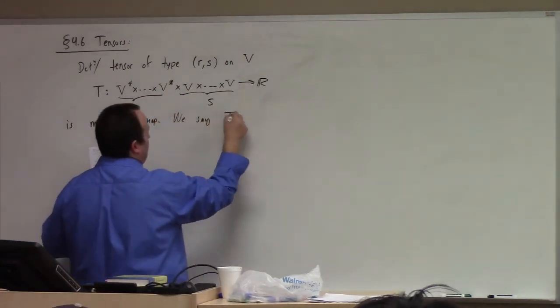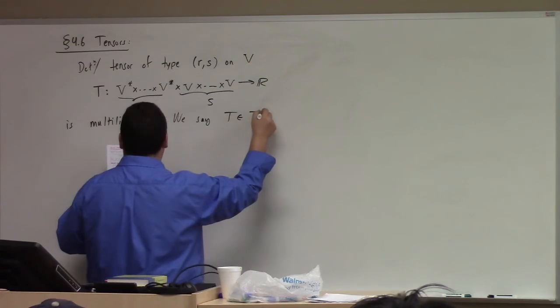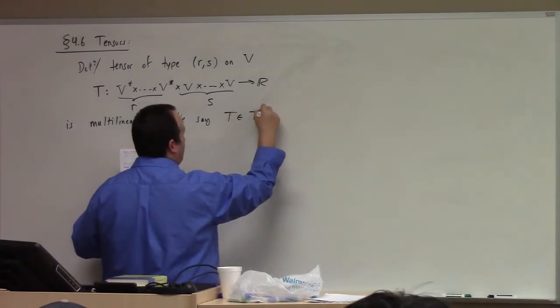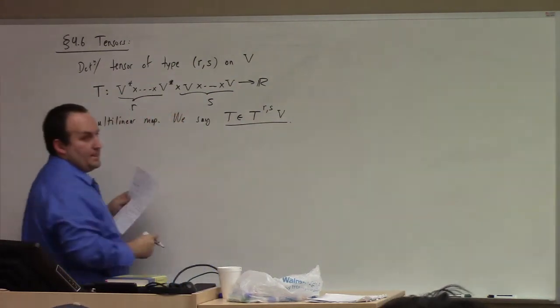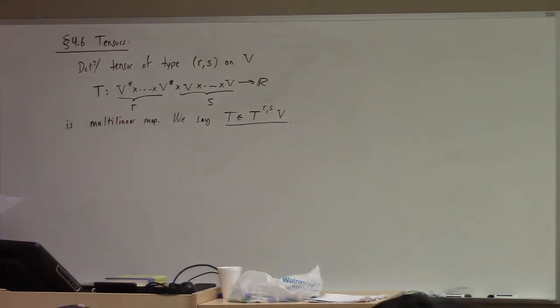We say T is an element of T^R_S(V). All right. People used to say it had rank (R,S).